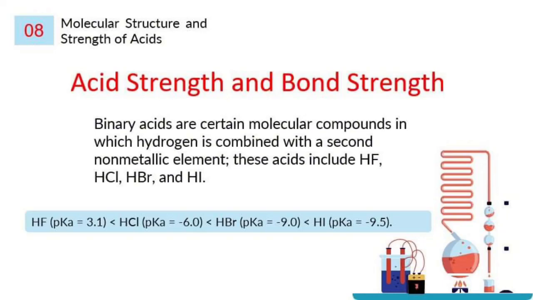Among these, hydrochloric acid, hydrobromic acid, and hydroiodic acid are all classified as strong acids, while hydrofluoric acid is considered a weak acid. Acid strength is typically measured by the pKa value, where a lower pKa value indicates a stronger acid.